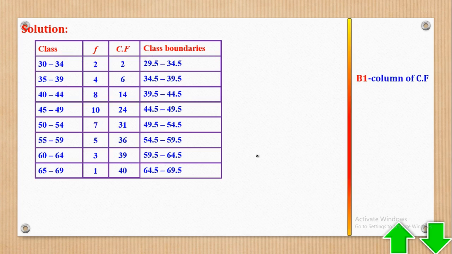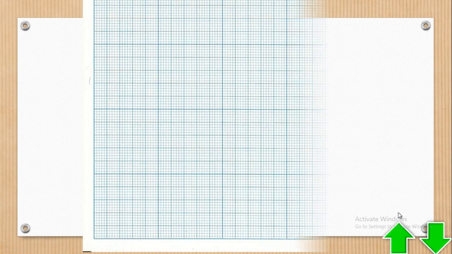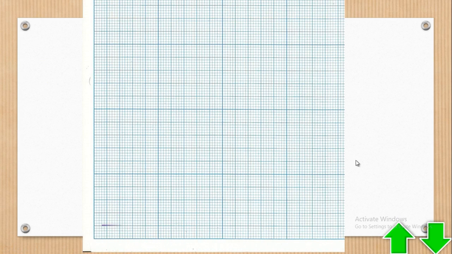So in this table, what we are interested in is the column for cumulative frequency and class boundaries. Getting these values correct is 1 mark. So next is to plot our ogive. You need a graph paper, and after the graph paper, you have to draw axes, both horizontal and vertical.